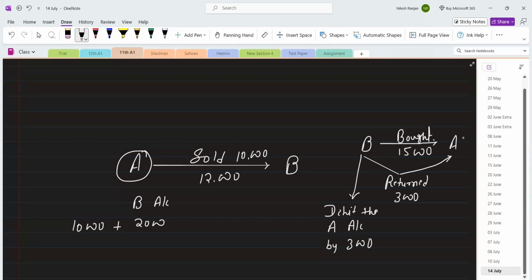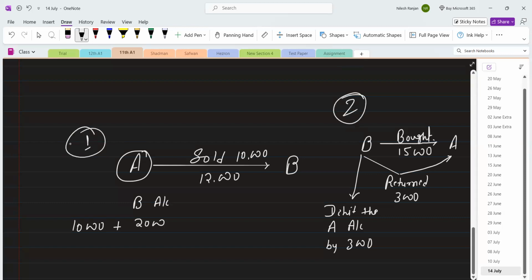So you can see we are decreasing the value. Now amount payable to A is a liability for us, so it has credit balance. A account will have credit balance because the amount is payable to you. Now we have reduced it, so we will debit the account by 3,000. The first example here is A sold goods to B for 10,000.